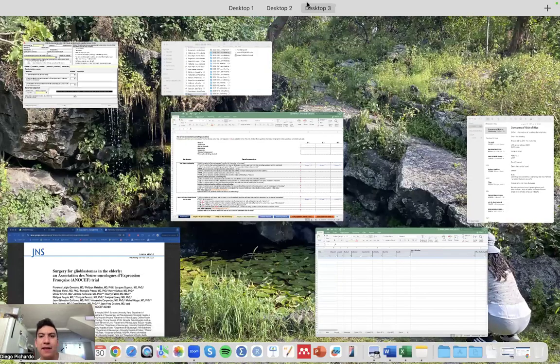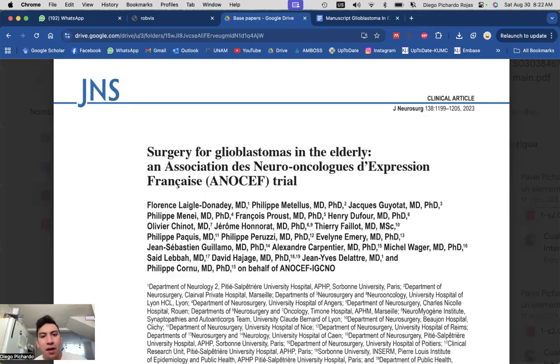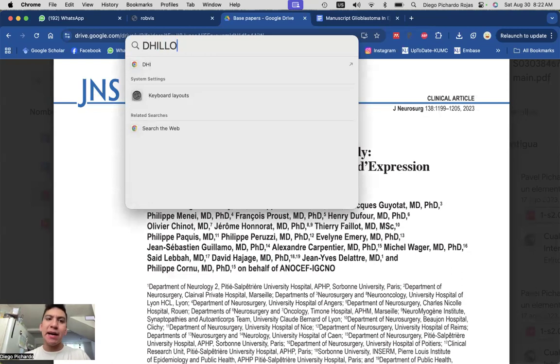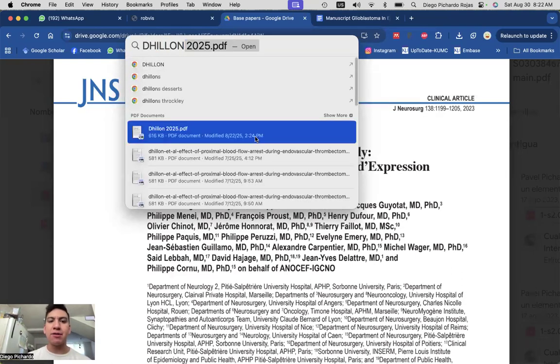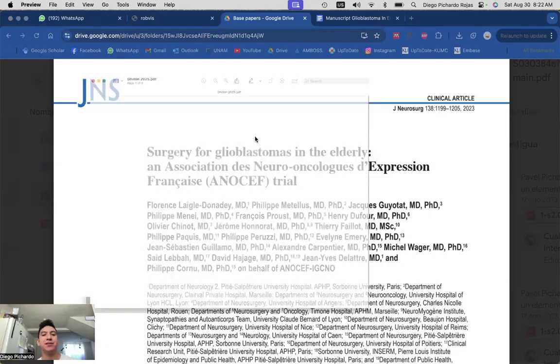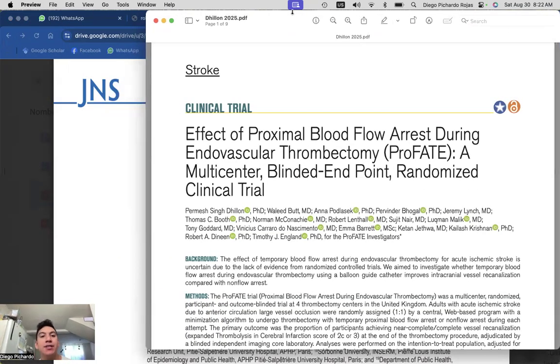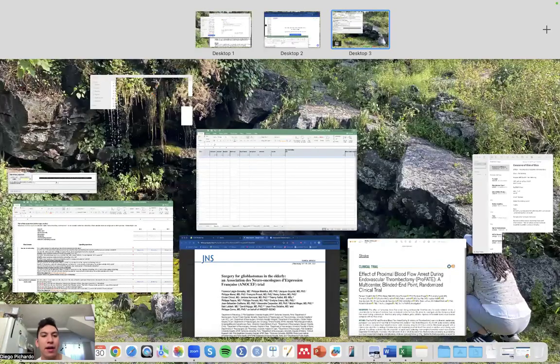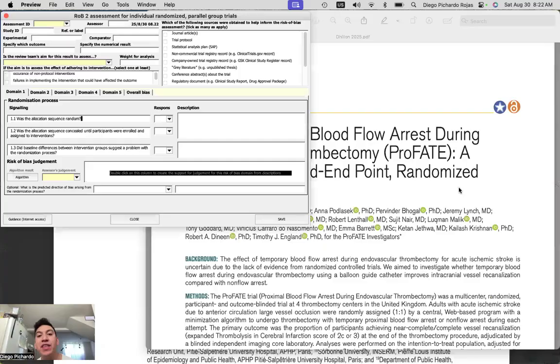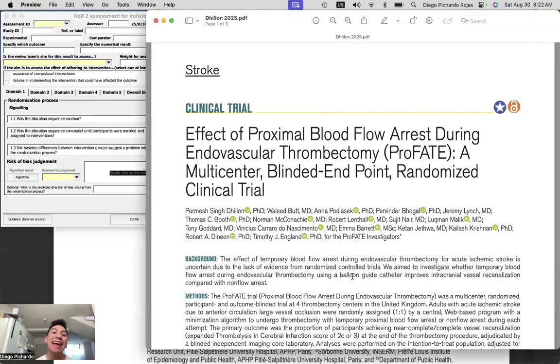There's another trial, a really high quality one that I was analyzing recently. I think I'm going to use this one just because it's more standard. So let's begin. This is a randomized control trial evaluating the effect of something called a balloon-guided catheter.